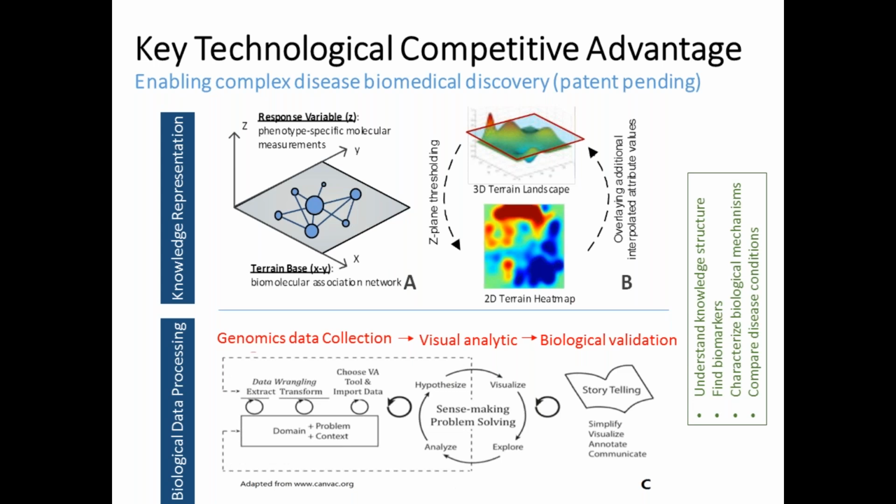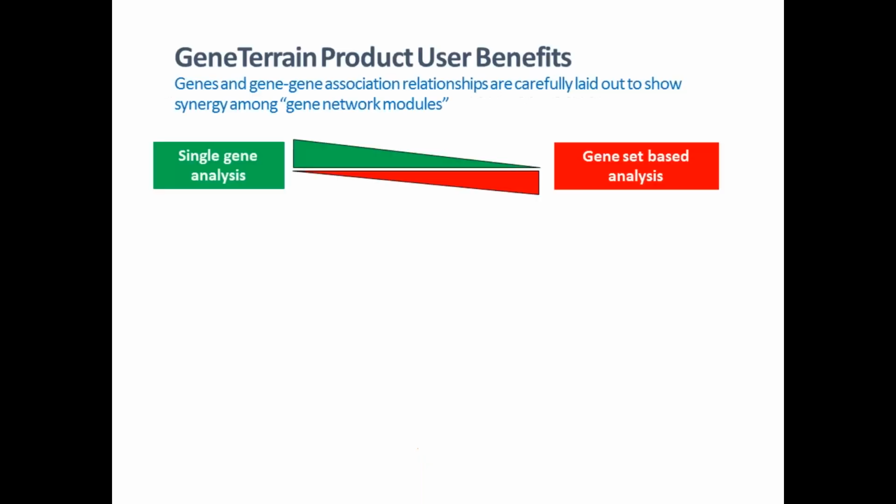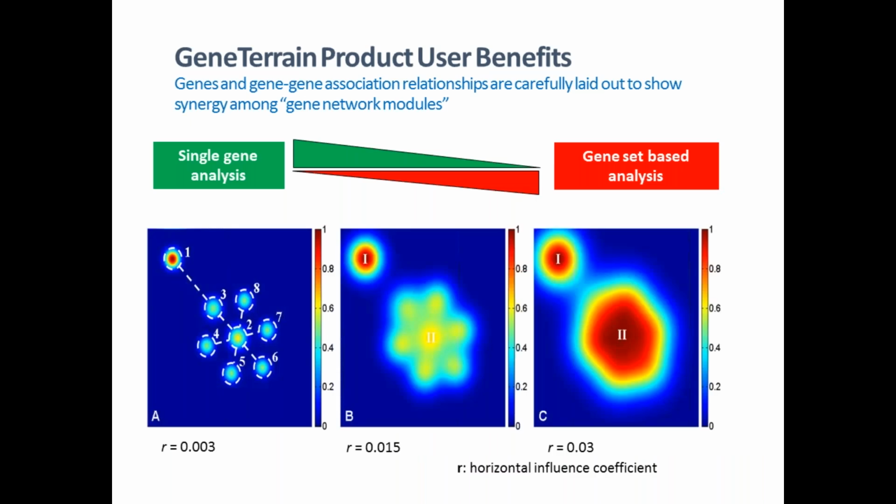And then we come to an iterative platform such as Gene Terrain, and we can exchange ideas, okay? So I think the whole idea is that you look at a figure and the software allows you to not only see the picture, but also the gene details. So it's the topological information that matters and expression information that matters, okay?